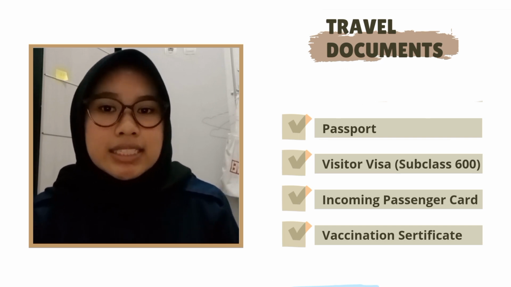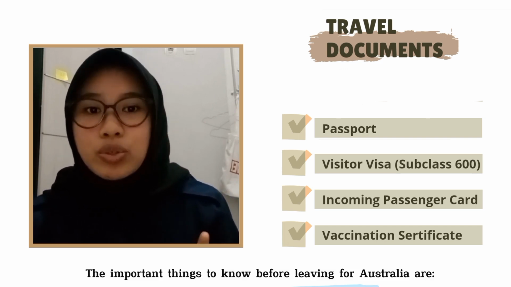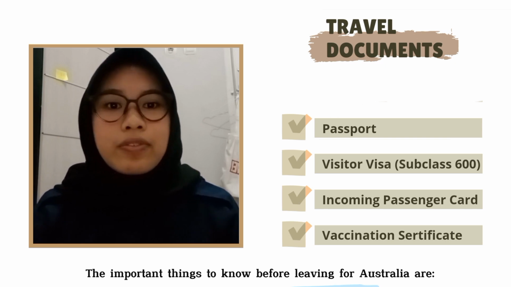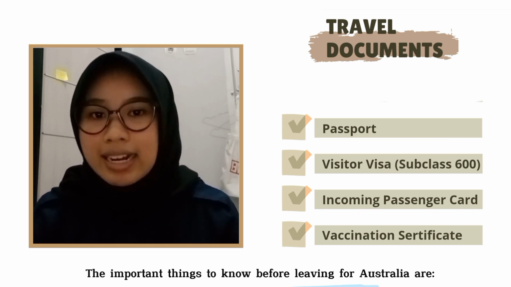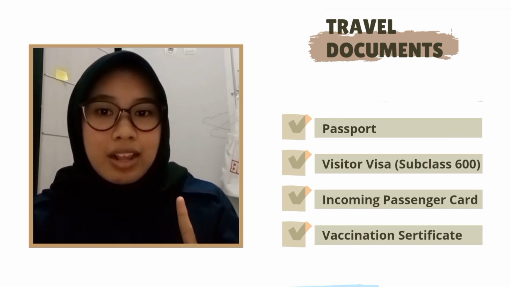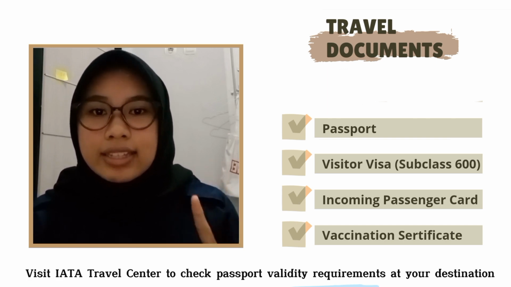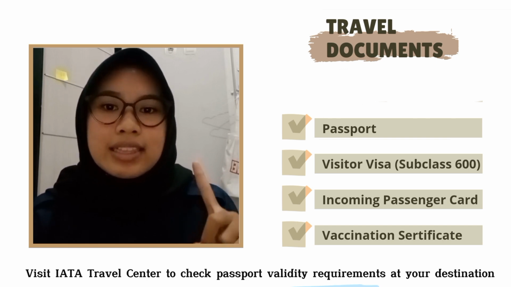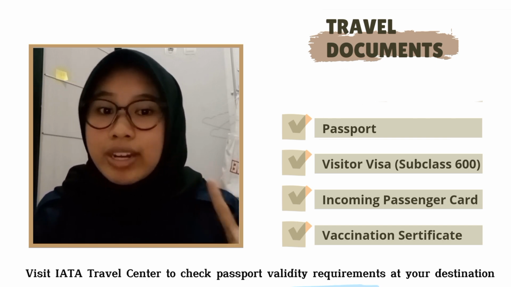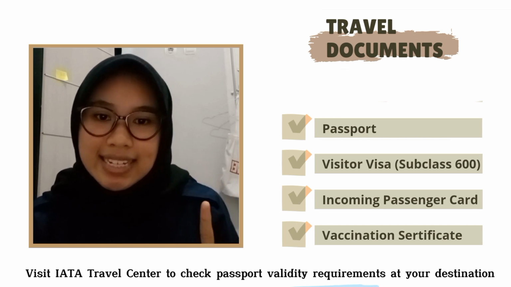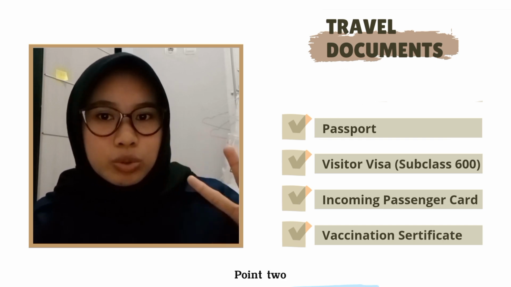Okay, the important things to know before leaving for Australia are: point 1. Visit the IATA Travel Center to check the passport validity requirements at your destination. Point 2.